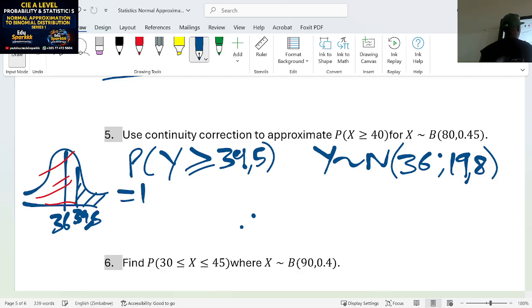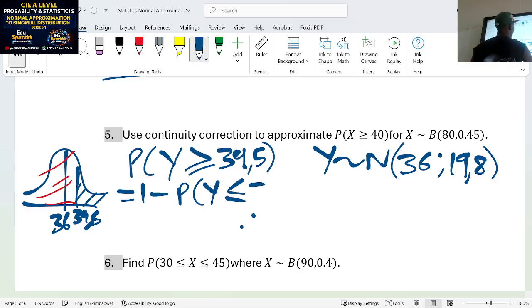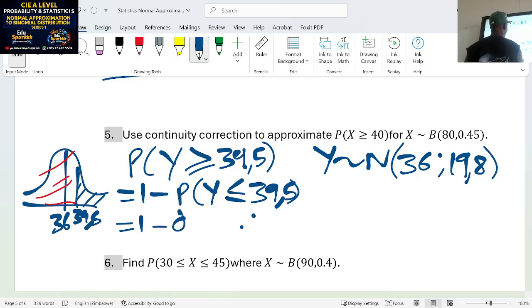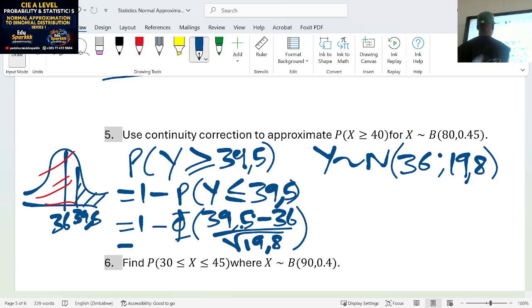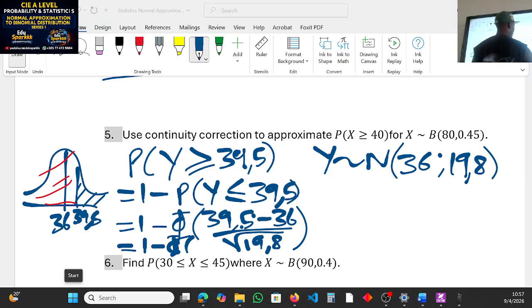So this will be equal to 1 minus, then we reverse that, this is y less than or equal to 39.5, which will be now 1 minus phi. As we standardize, this is now 39.5 minus 36 all over root of 19.8. And as we do so, we will need our calculator to simplify this, that this is 1 minus phi of, let's check the number that we get as we simplify.